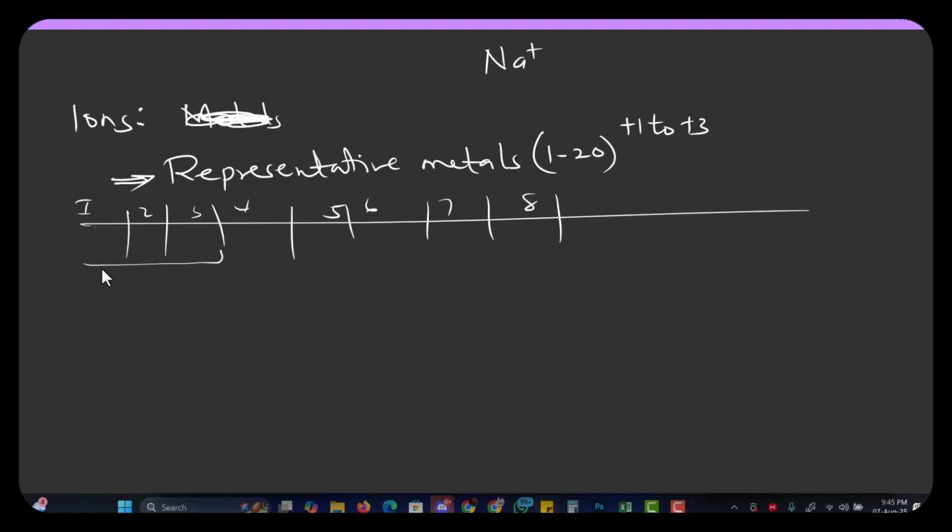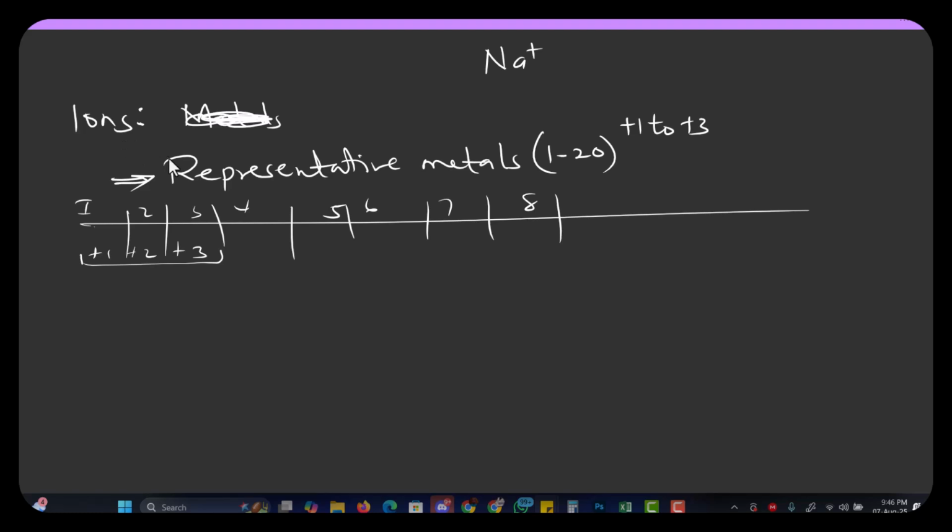The representative metals, from plus 1, plus 2 and plus 3, are the ones within this range, the first 20 elements, and they don't have variable oxidation states. The oxidation state is always the same: 1 is 1, 2 is 2, 3 is 3, and so on.